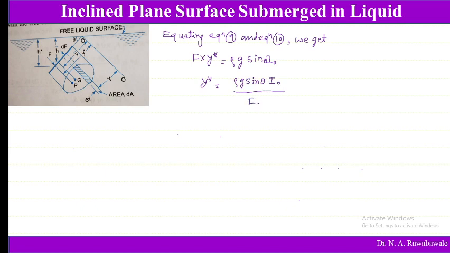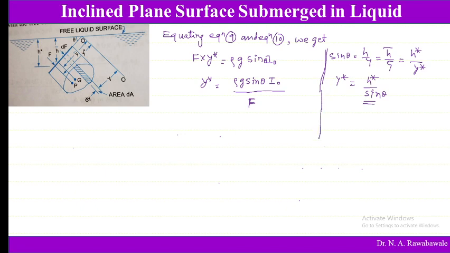So now we can write this as, as we know, by sin theta is equal to H by Y is equal to H bar divided by Y bar is equal to H star divided by Y star. So we can take this Y star is equal to H star divided by sin theta. So in place of Y star we can write H star divided by sin theta.